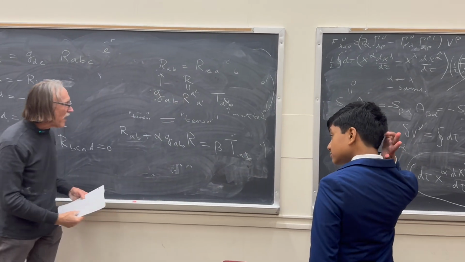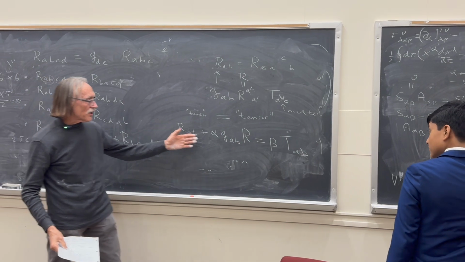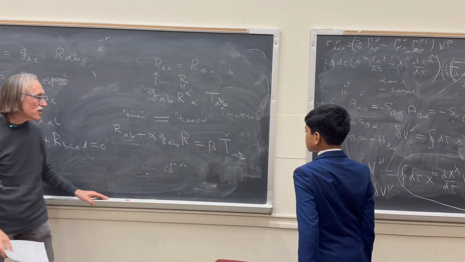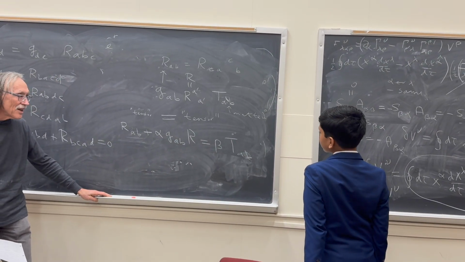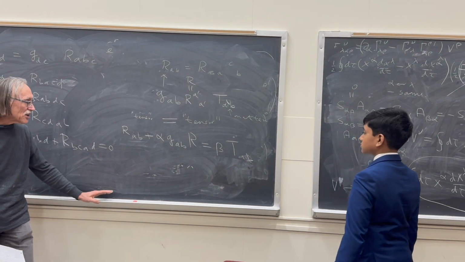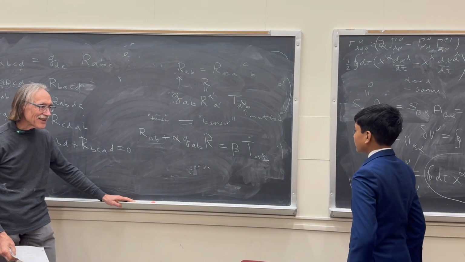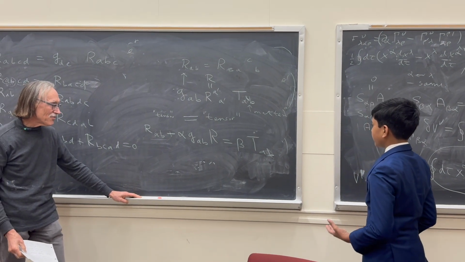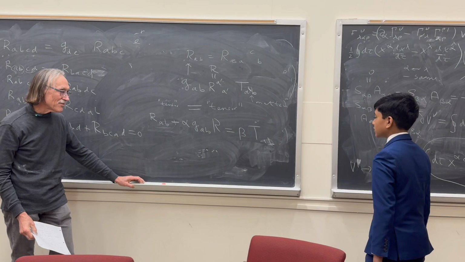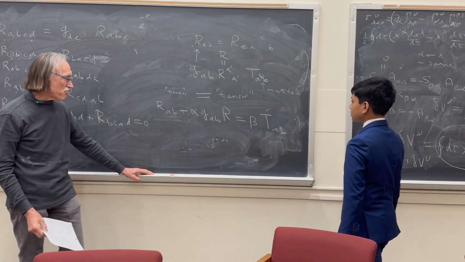So this is the only way curvature can be related to the energy momentum tensor. And that means that the equation that describes gravity must be this equation. It just takes a little bit of computation to figure out what alpha and beta are.